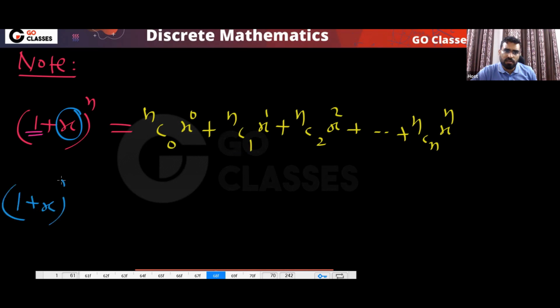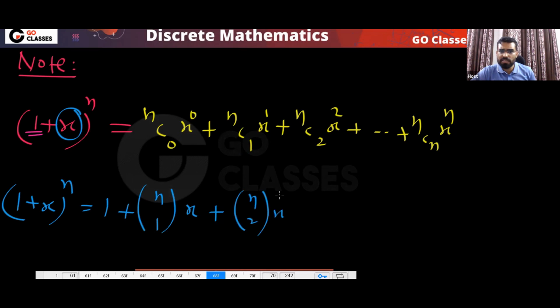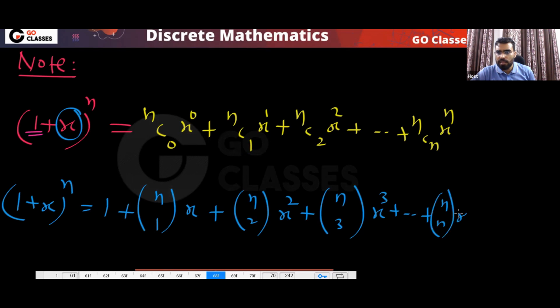Finally, this will be 1 plus nc1x plus nc2x square plus nc3x cube, and so on, ncn x power n.